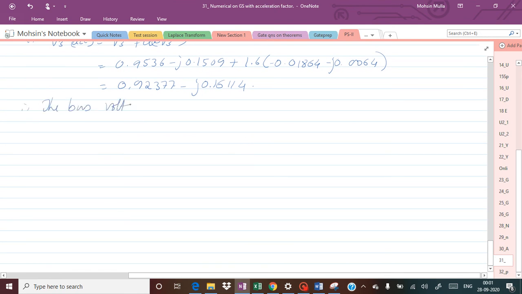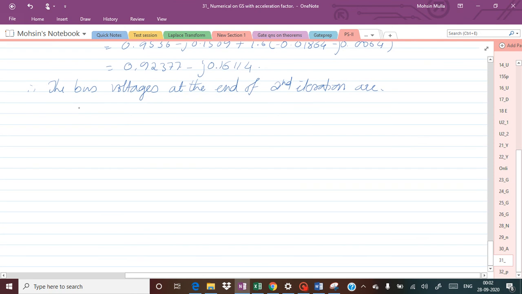Okay, so therefore the bus voltages at the end of second iteration are: V1 of 2 is going to remain the same, it doesn't change.